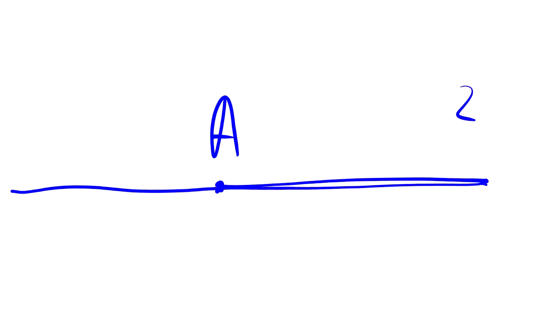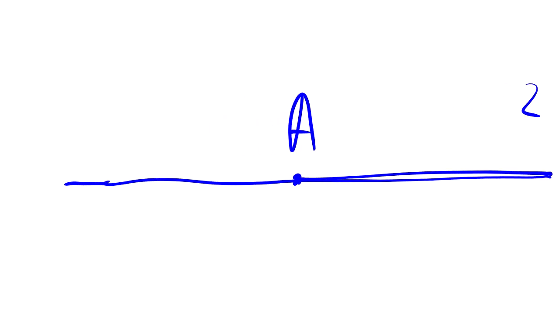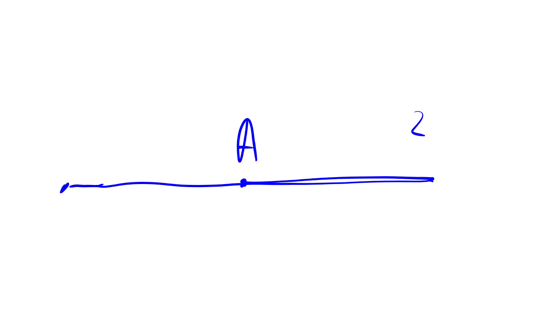That's why sometimes a question can come like this. This is point A, an object moved, let's say, 2 kilometers, and came back 4 kilometers. Then they will ask you, what is the displacement?